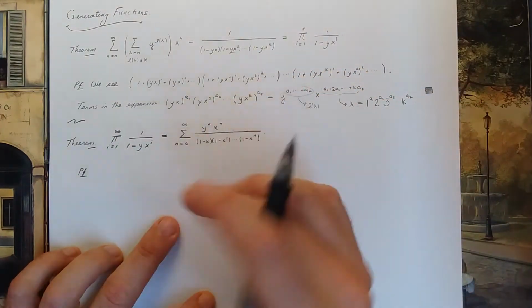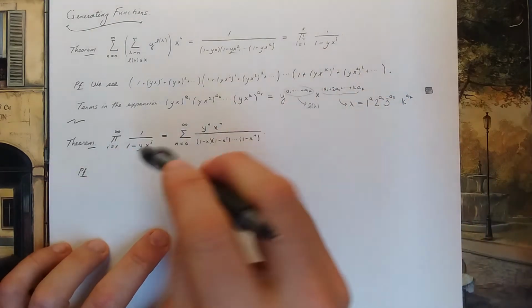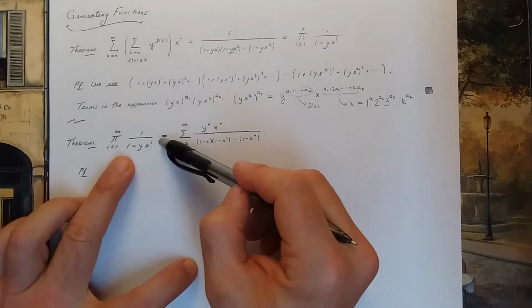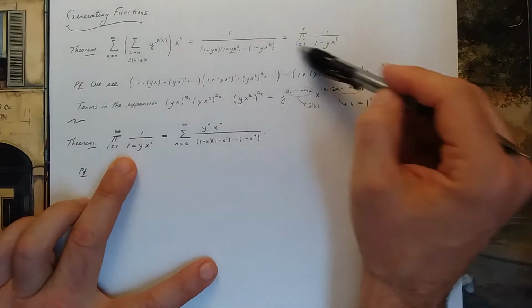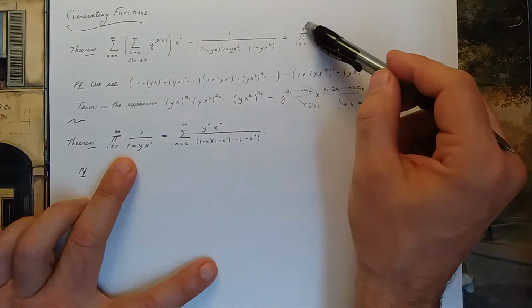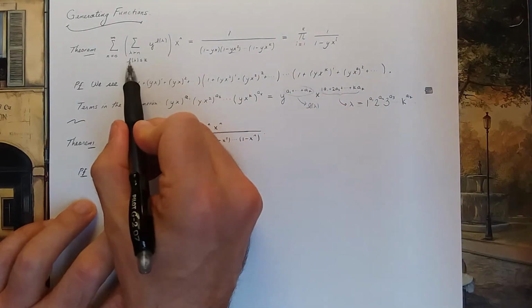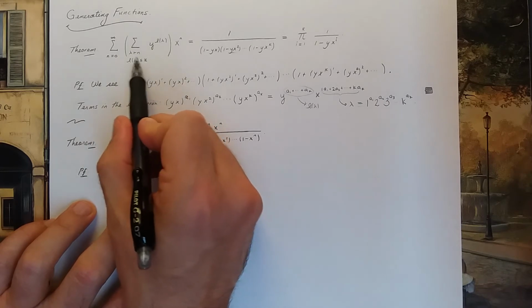This is a technique that can be used in not just discrete mathematics. If I look at the left side, it's actually the same expression I have in our previous theorem, with the exception that I have an infinity here instead of a k. That would mean that my generating function is for all integer partitions without a restriction on the length.